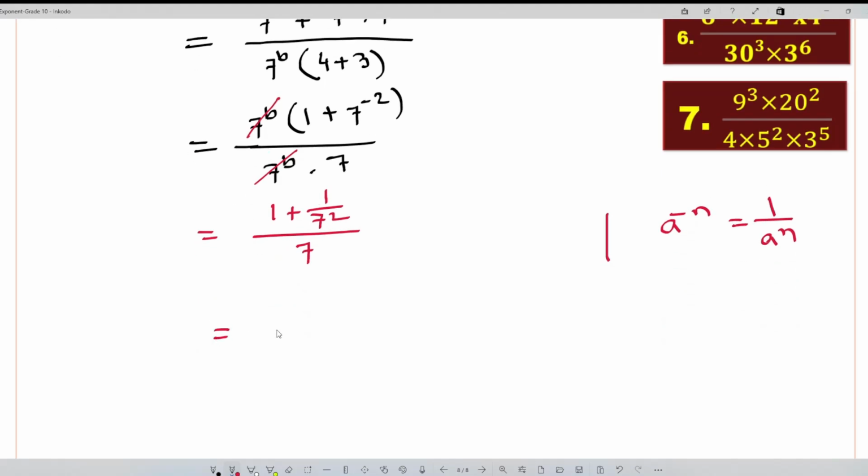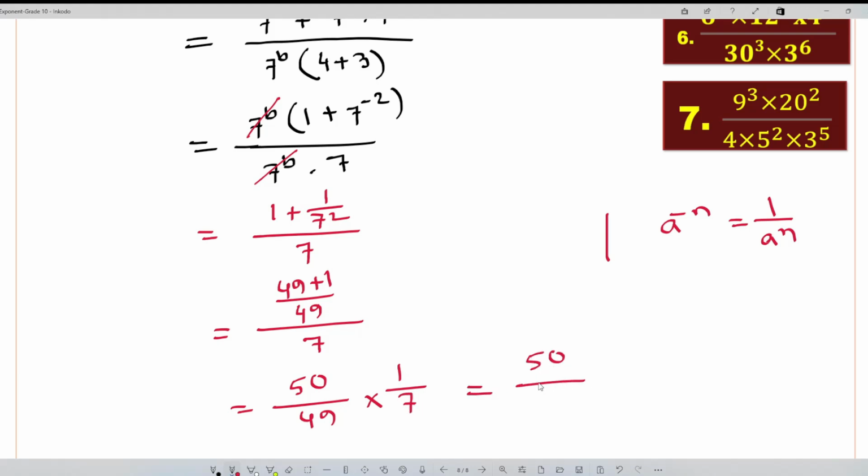Now look, 7 square means 49. So here is 49 plus 1 divided by 7. So 49 plus 1 means 50 divided by 49 times this one becomes 1 by 7. So here is 50, here is 49, which means 7 square, and here is 7. So we can write 7 cube.